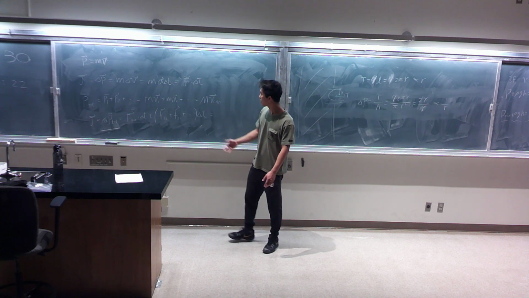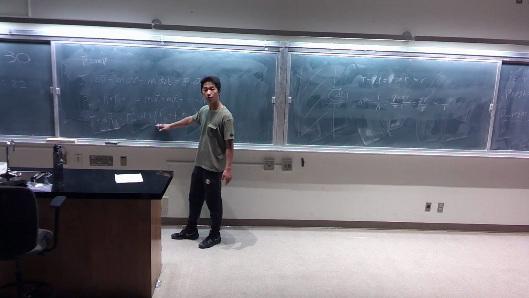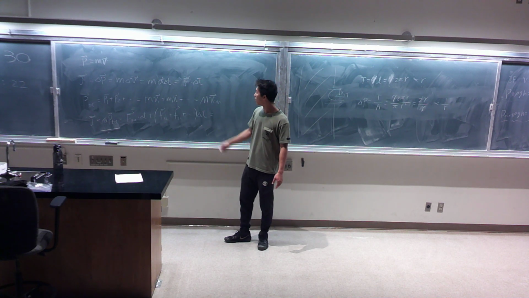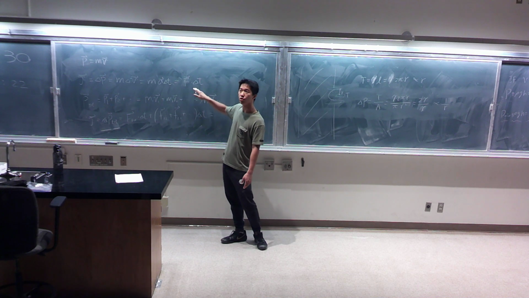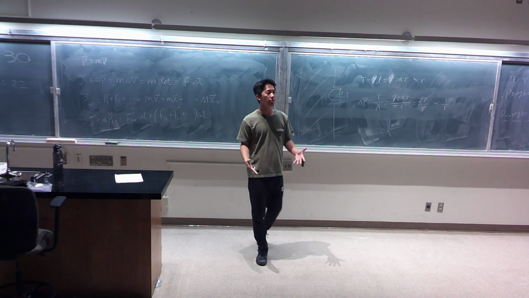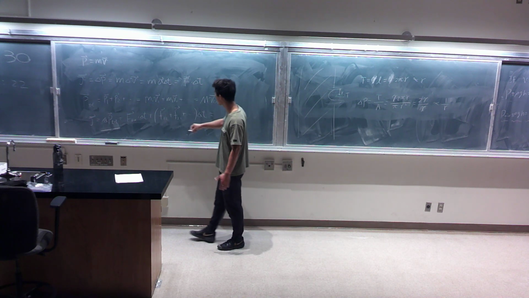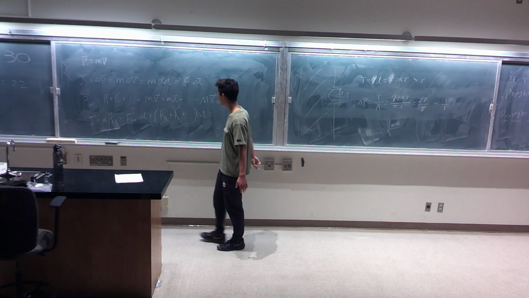And you see that the internal force will cancel because they are both multiplied by time. Impulse is force times the change of time. The change of time is the same for every particle. So you can just take it out of the parentheses and then cancel all the internal force.